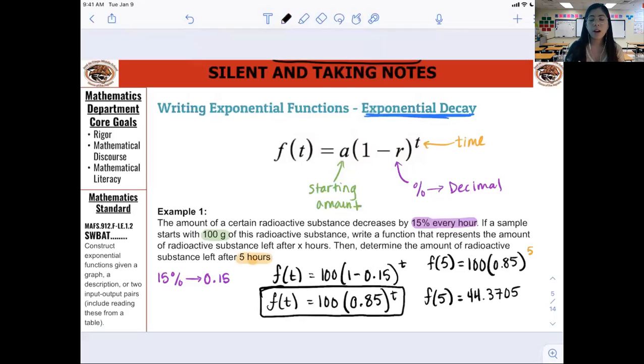So to the nearest hundredth, what would be my final answer? 44 and 37 hundredths. Good, 44.37. So that's my hundredths place. The number that comes next is a 0, so I'm going to leave it as 44.37. It does not round up.